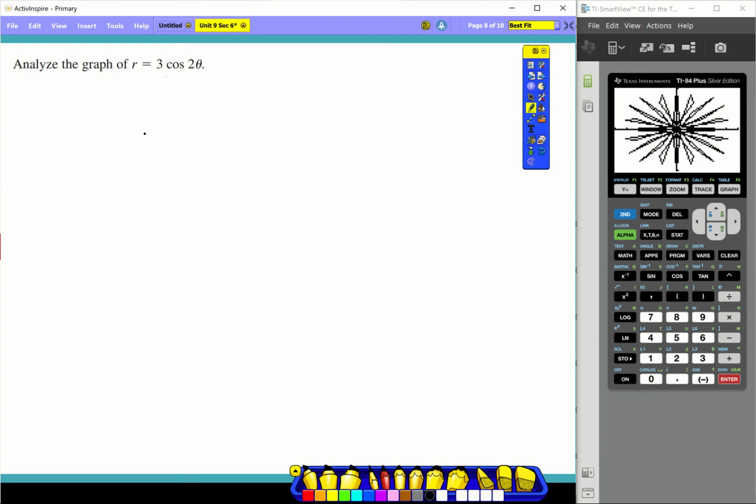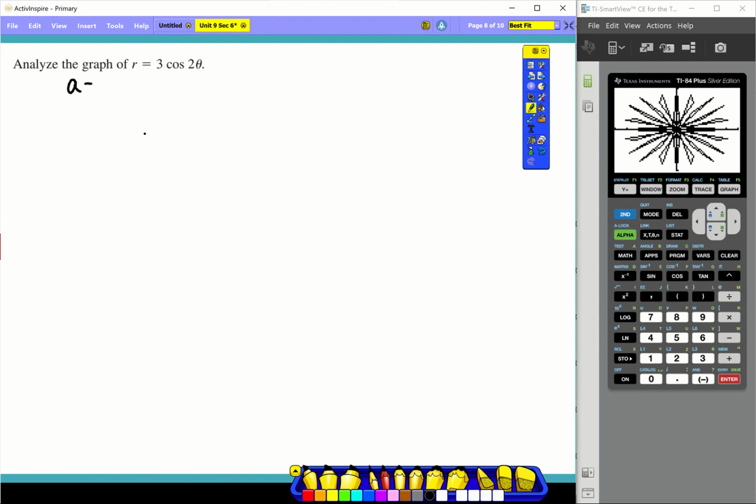There is something attached to the theta, so it's not a circle. There is no plus or minus, so it's not a limaçon. What does that leave? A rose curve. That's right, a rose curve.